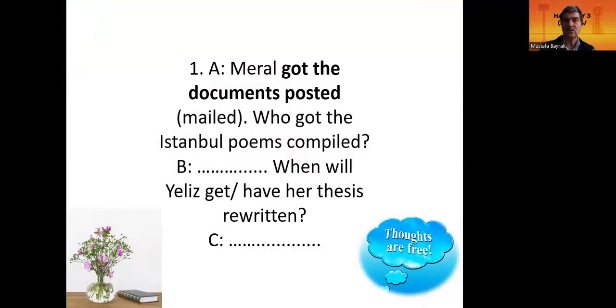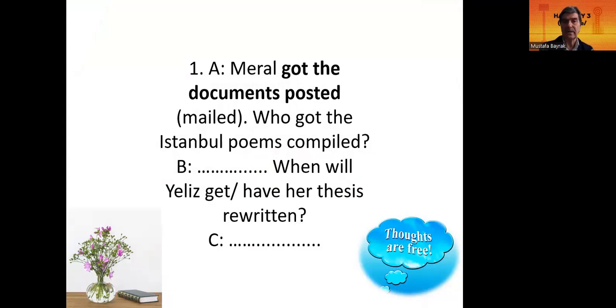Okay. Now dialogue 1. Meral got the documents posted or mailed. Who got the Istanbul poems compiled? Rasim Bey got the Istanbul poems compiled. When will Yeliz get her thesis rewritten?